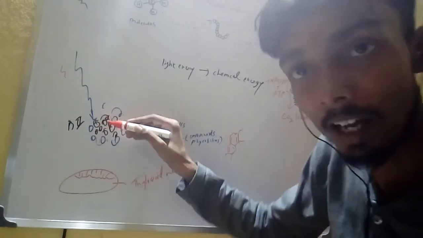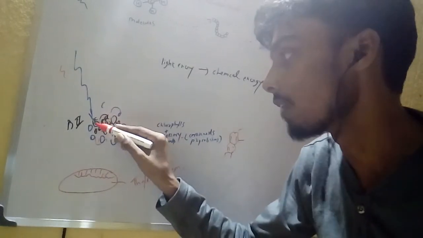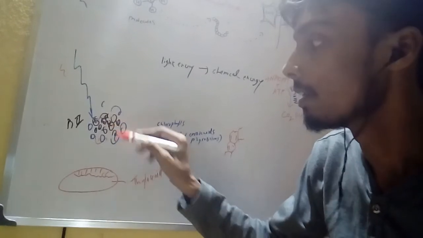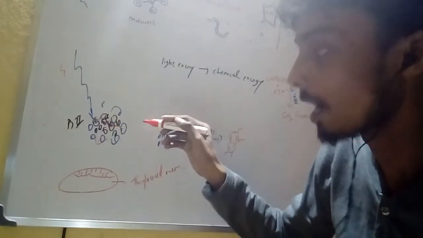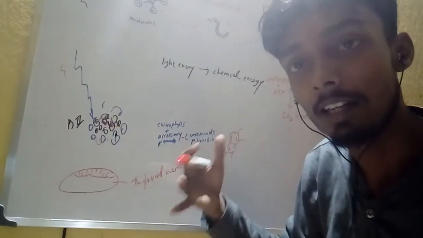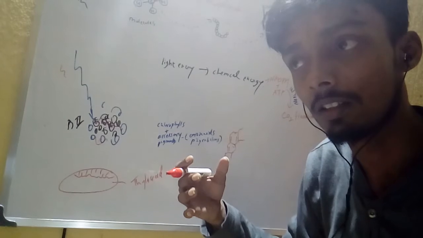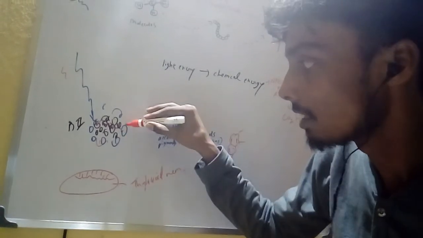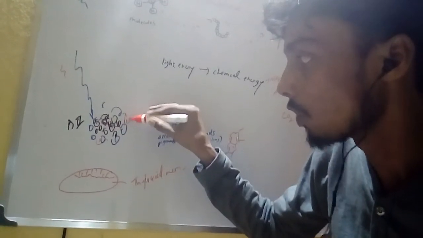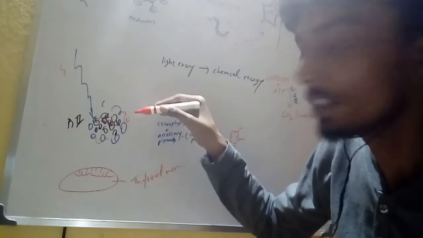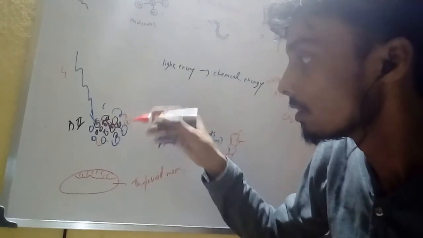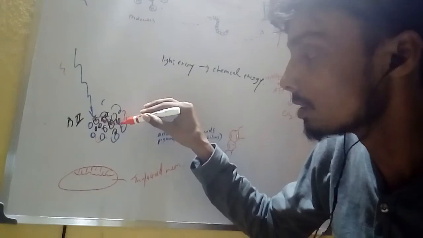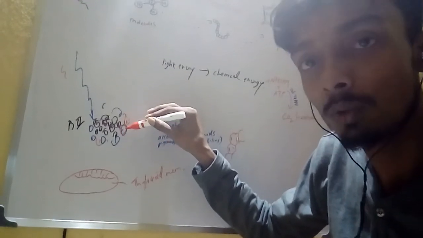energy is transferred from this to this pigment molecule, and in the end, due to the excited nature, this energy excites the electron, which leads to the removal of these electrons from these chlorophyll molecules.